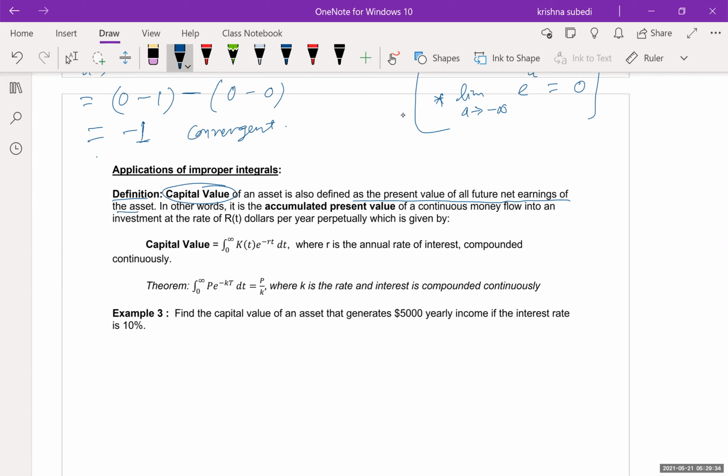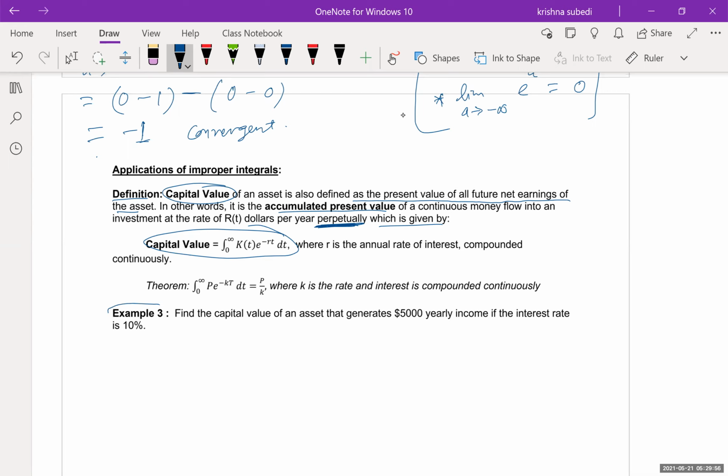In other words, it is the accumulated present value of a continuous money flow into an investment at the rate of R of t dollars per year, perpetually, meaning for infinitely many years, which is given by this formula for capital value. If you understand, great. If not, then don't worry.